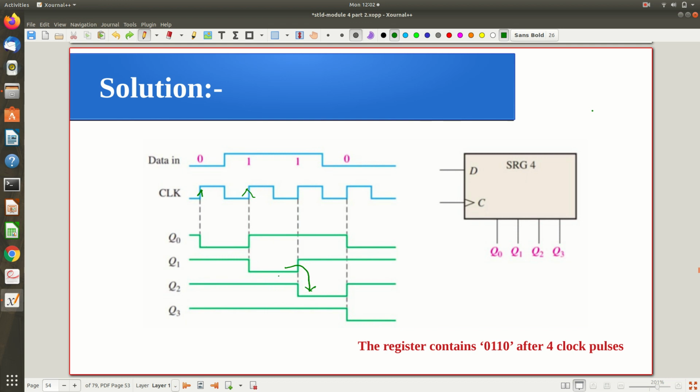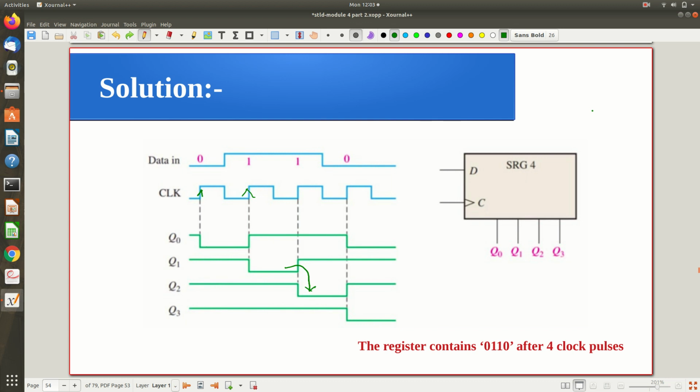Q2 is initially set to 1, right? So that 1 is continuing. Now, this is our first clock cycle, this is the second clock cycle. During the second clock cycle, something is available in Q2.